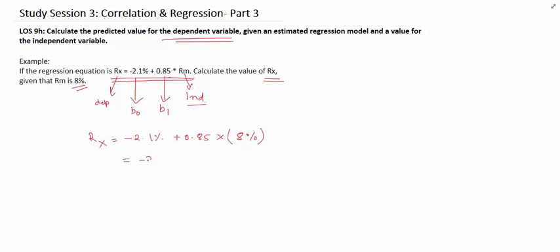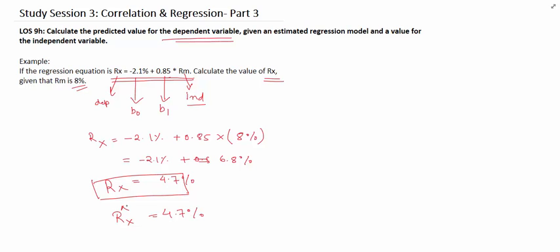So we get minus 2.1% plus 6.8%, which equals 4.7%. So 4.7% is basically the predicted value of Rx, or you can also write this as Rx cap equals 4.7%. Cap just denotes that this is the predicted value.